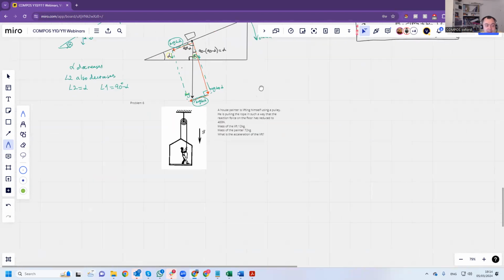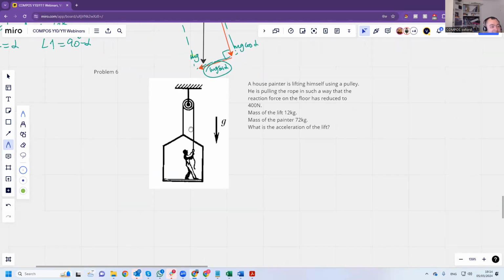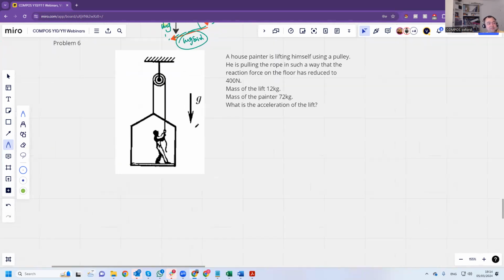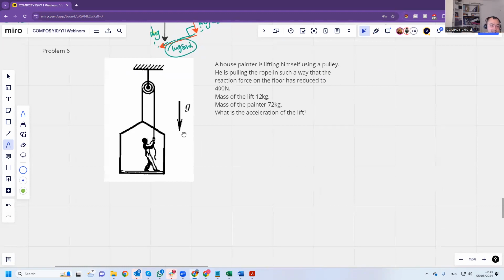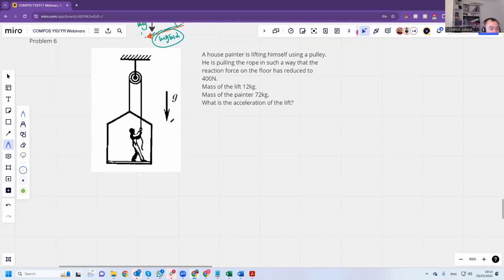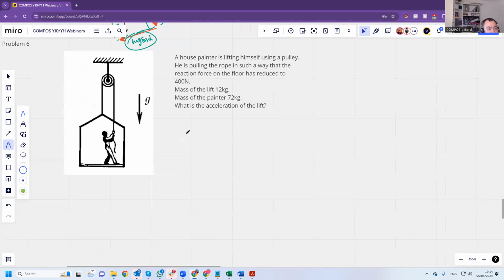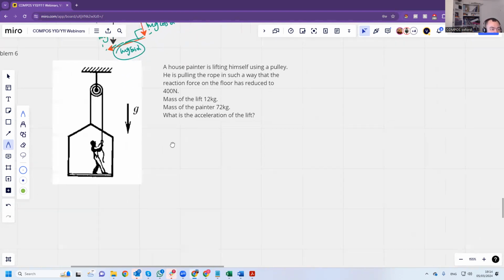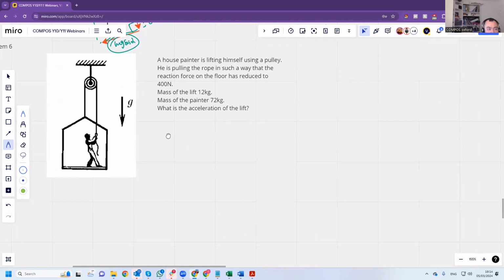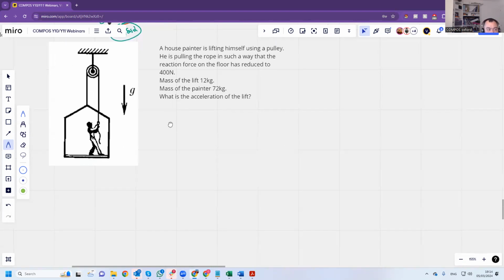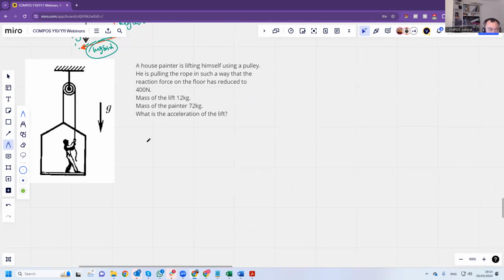Okay, and finally, the lift. A house painter is lifting himself up using a pulley. He's pulling the rope in such a way that the reaction force on the floor has reduced to 400. What would the reaction force normally be for the painter?